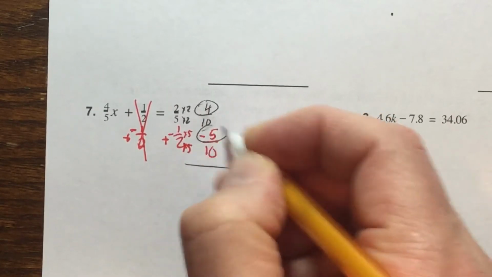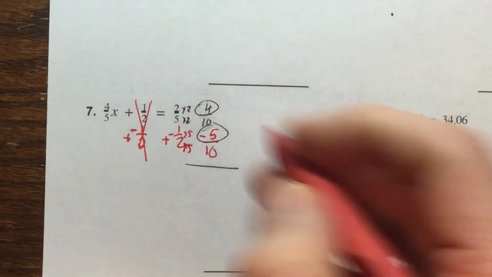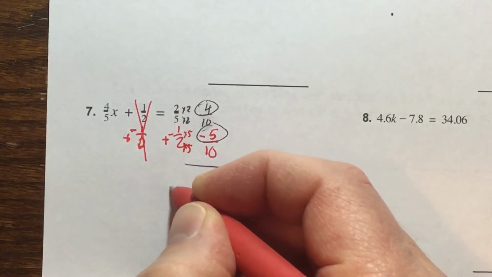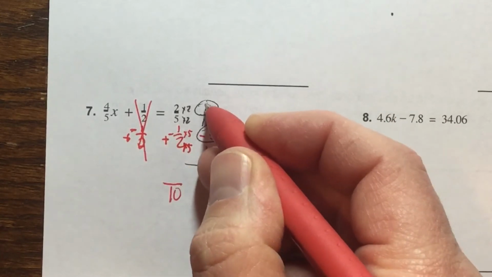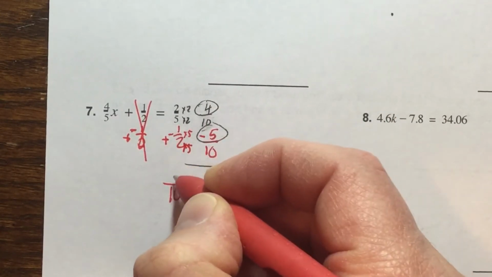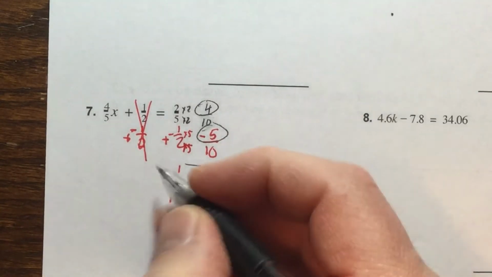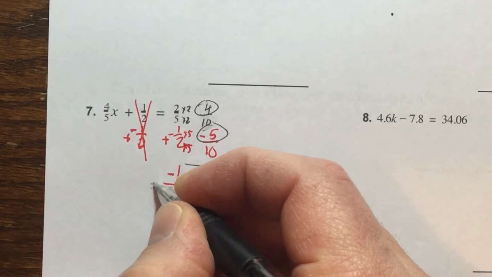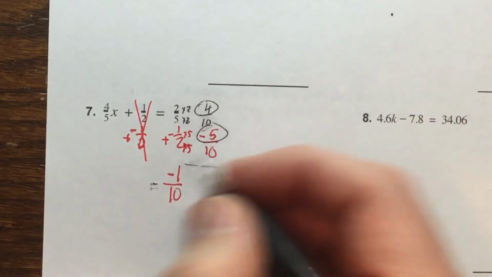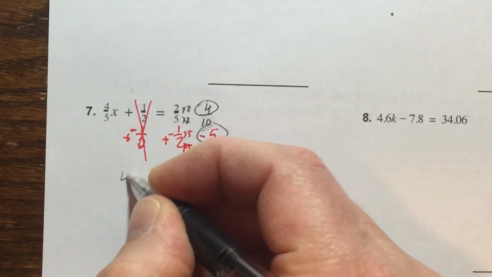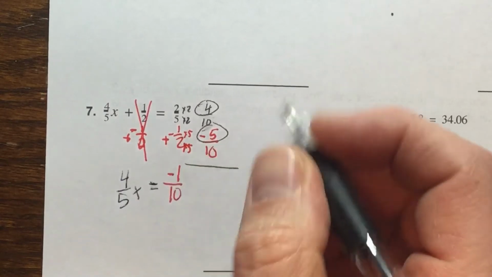Again, adding those, careful with those denominators staying the same, great, but one's positive and one's negative in the numerator, so it's not 9 or negative 9. It's a negative 1. That is still equal to 4/5 x.